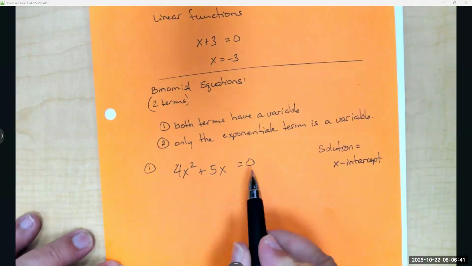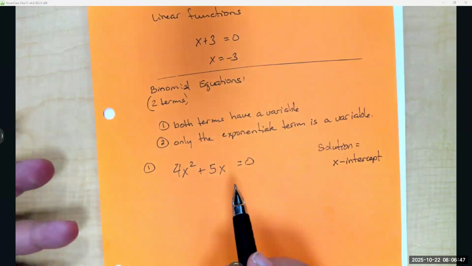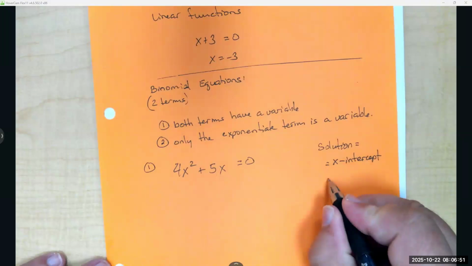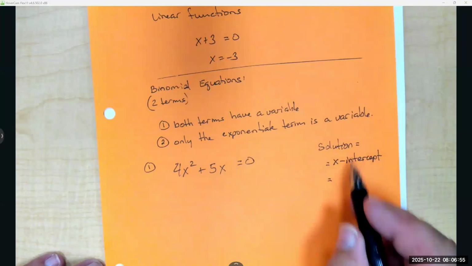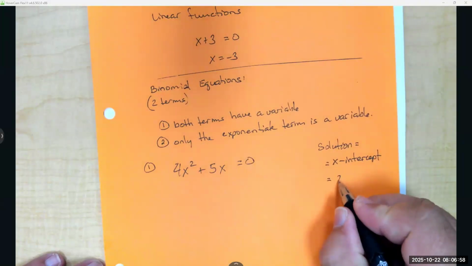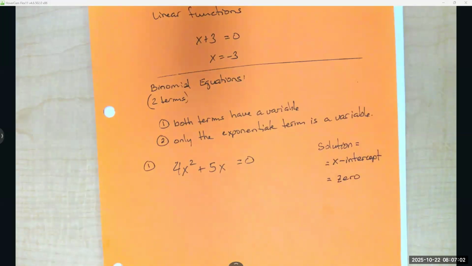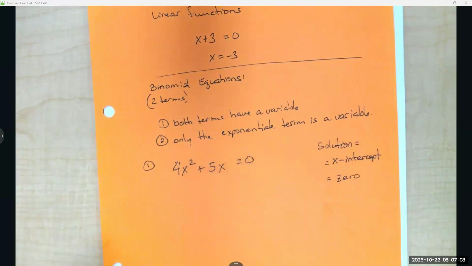If you set the equation equal to 0, that means the y is equal to what? 0. Whenever you set y equal to 0, the x values are the x-intercepts. So when you solve for the x values, we're also looking for what's called a 0. The reason it's called a 0 is because if you take that x value, put it back into the equation, and work it out, it'll equal 0. That's why it's called a 0.